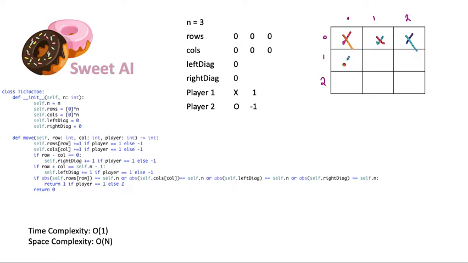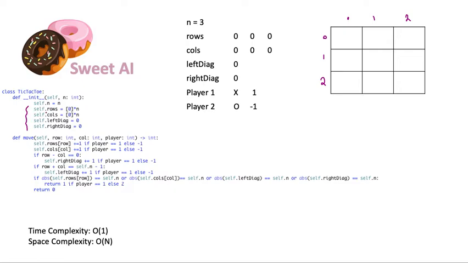The second case is when the winning is happening in a column, and the third case is going to be the left diagonal, and the fourth case is going to be the right diagonal. Considering these 4 different cases, we are going to define 2 lists and 2 variables for these different cases.